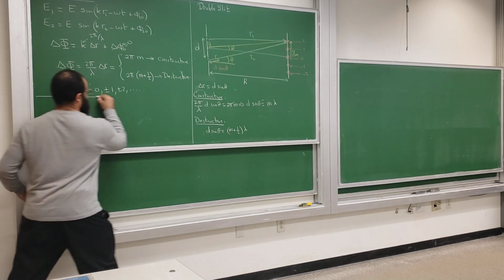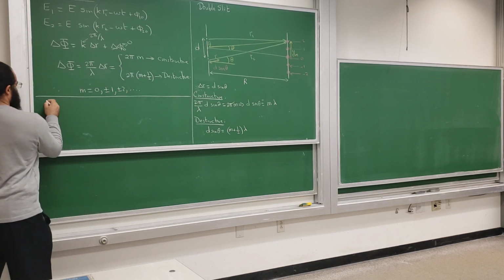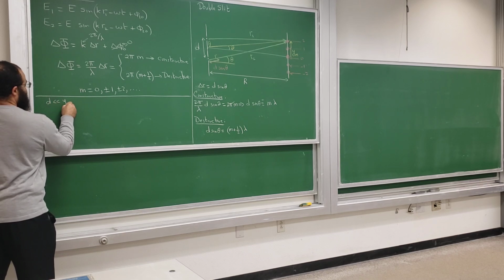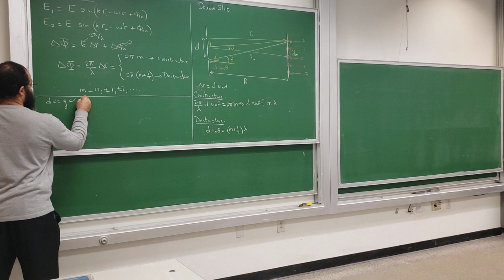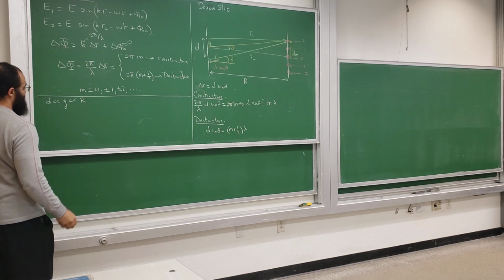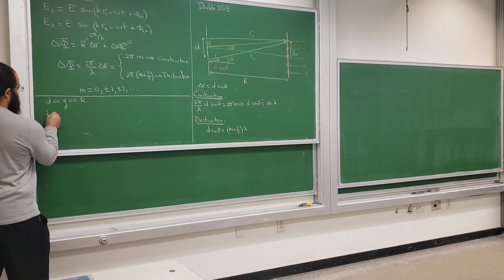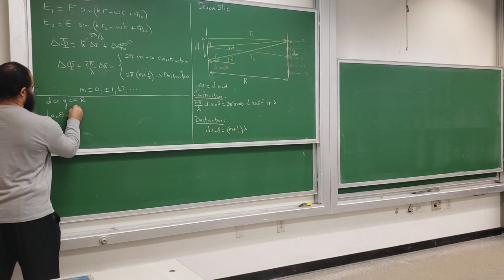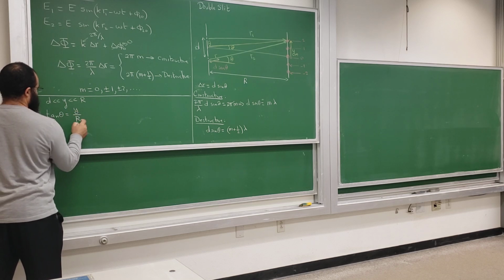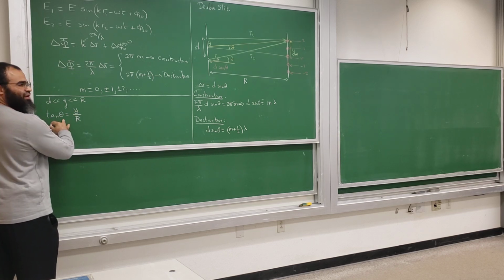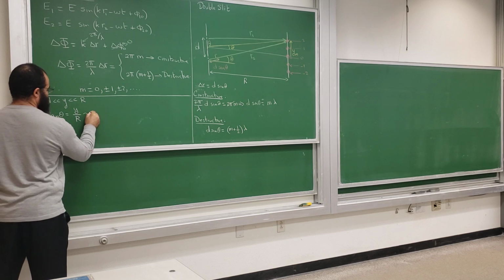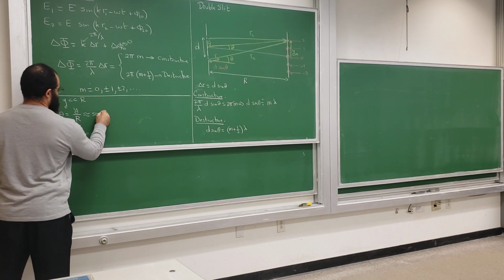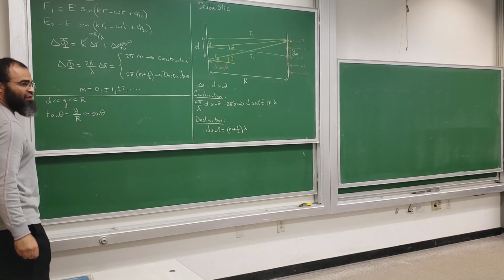Notice that, first of all, d is much less than y, and y is much less than r. Notice that tangent theta is equal to y over r, and tangent theta for small theta is almost equal to the sine of theta.